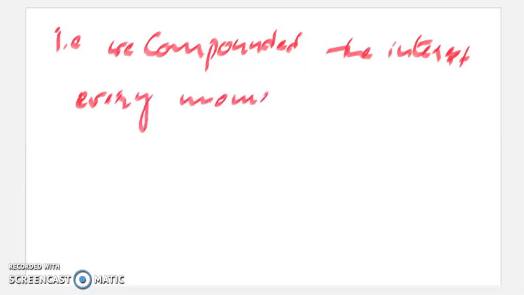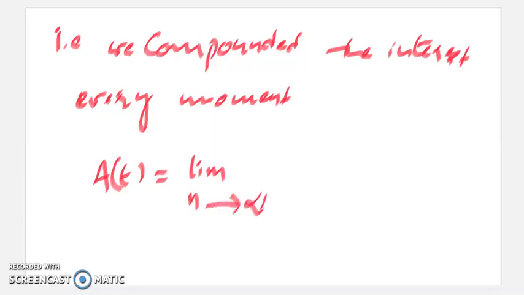The amount of money in the account after t years is given by A of t is equal to limit n tends to infinity. What is the meaning of n tends to infinity?